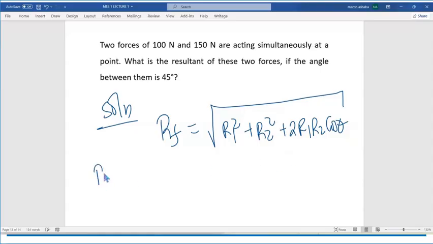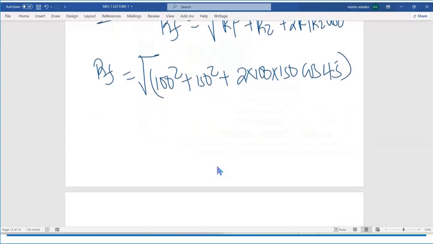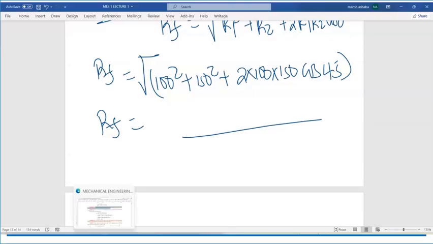So the resultant force would be the square root of 100 squared plus 150 squared plus 2 times 100 times 150 cosine of 45. From there, you evaluate this and get the answer. The answer is 232 newtons.